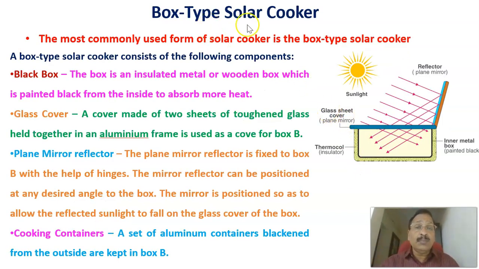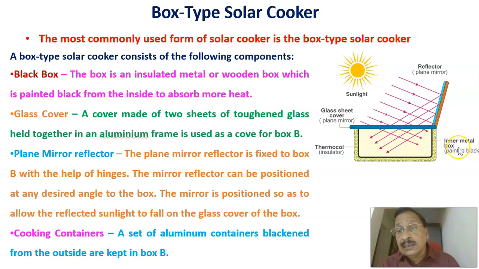Continuing with the box type solar cooker, solar radiation is falling on it. There's a reflector that reflects the solar radiation to the inside of the box, and a glass cover sheet is kept at the top, through which the radiation passes.